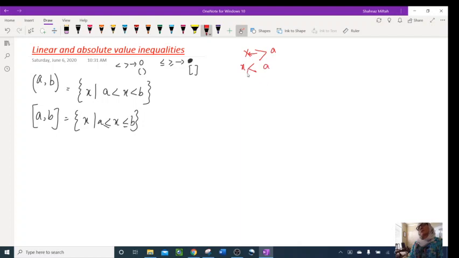So this is less and this is more, or greater, whatever word you want to use. These are set builder notations. If the question is asking specifically for set builder notation, then do that. These are interval notations.